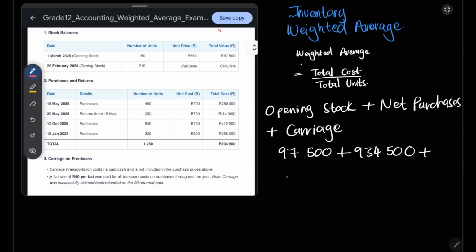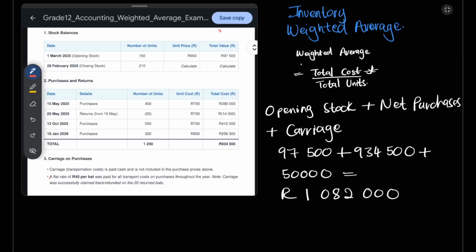It's 50,000. In total, when you add these together, you should get 1,082,000 as your total cost. So you can see that you just calculated a total cost.